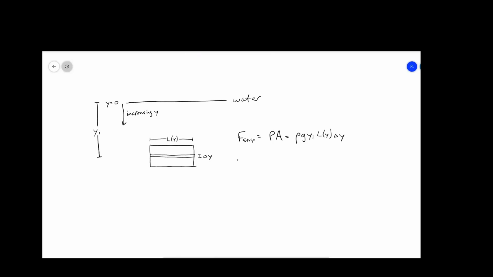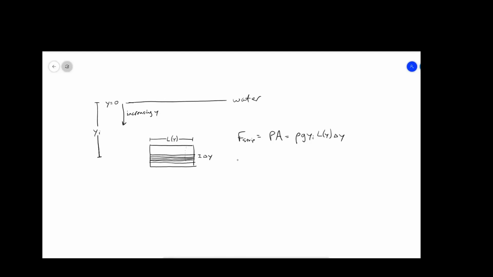So that's the force just on one strip, and then you can imagine again, what else would we want to think about? Well, what's the force on another strip that's below that, like down here, right? And what's the force on the strip that's just slightly above it, right? And then what would we do? When we take all the forces of all of these little strips, add them all up, what do we get? Well, we get the total force being exerted on the window.